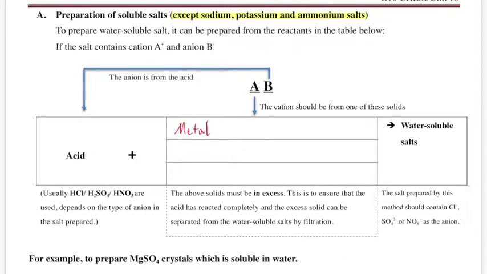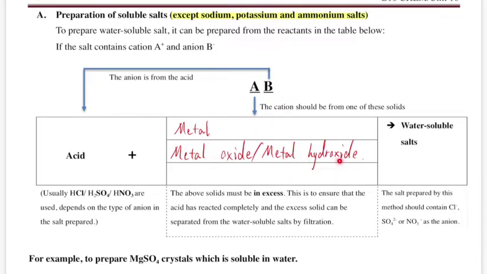The second choice, you could add metal oxide or metal hydroxide. Remember, we have excluded the sodium, potassium and ammonium salts. So the rest of the salts that contain metal ions should be insoluble, so as a solid. If you add metal oxide or metal hydroxide, it would just undergo a neutralization reaction with acid.